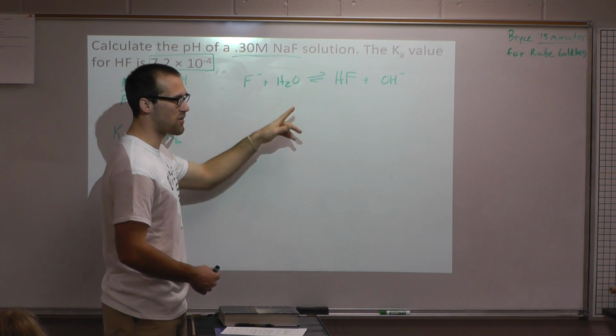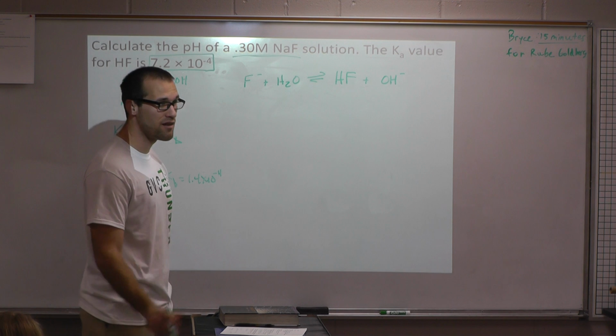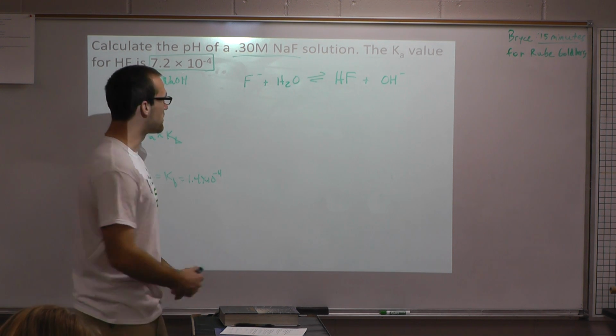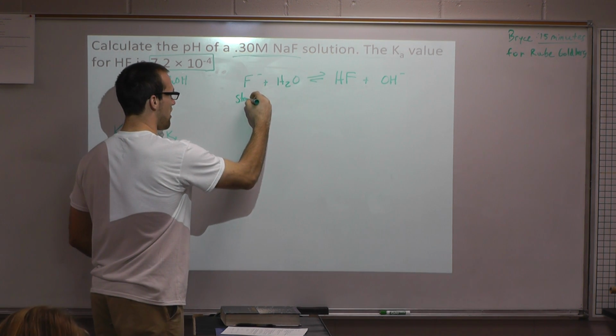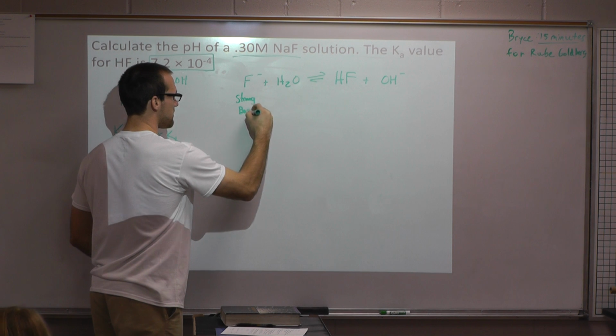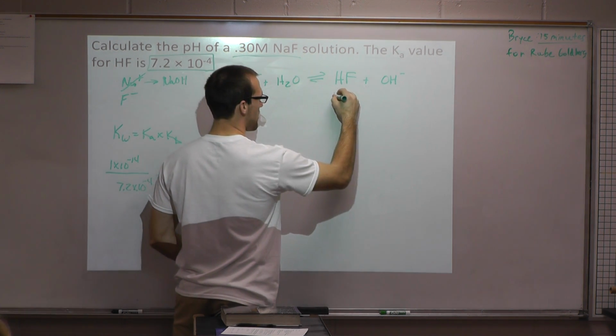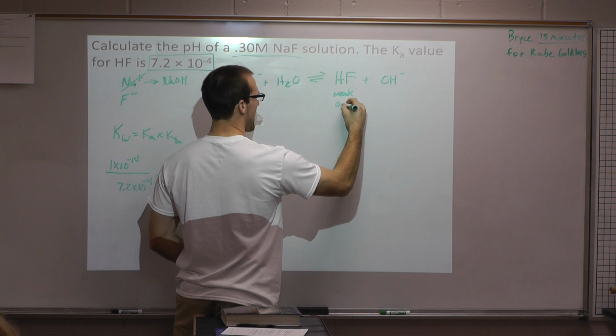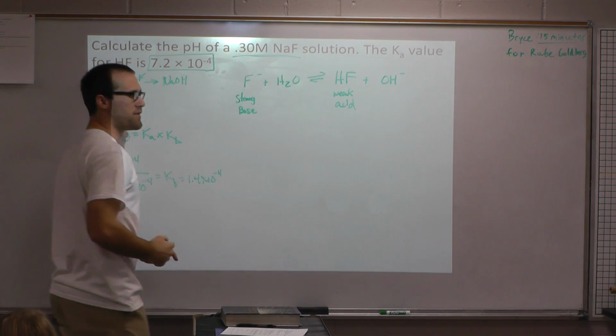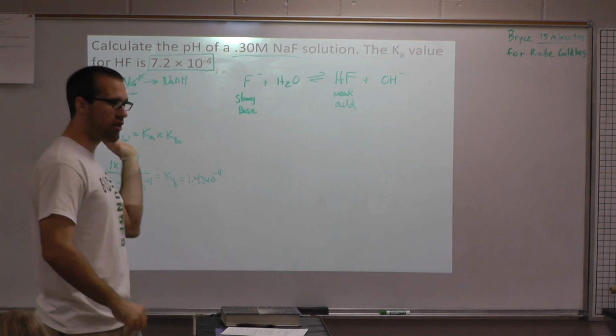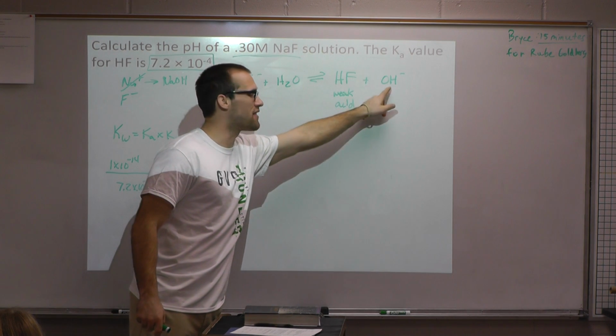That's why this equation lies far where? This is a relatively strong base, and this is a relatively weak acid. So where is the equilibrium going to lie? Far right, producing a lot of this.